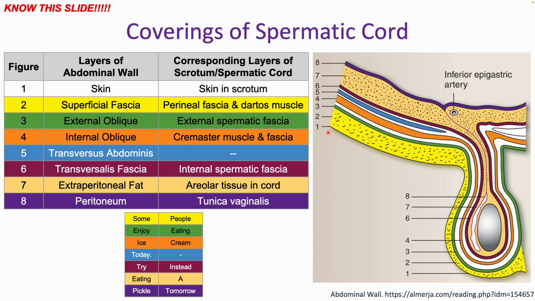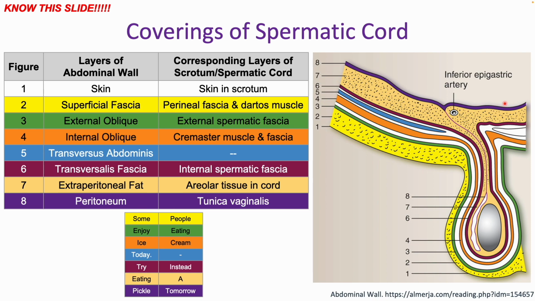Our internal oblique, in orange, is going to become the cremaster muscle and fascia. Our transversus abdominis, you can see, actually just stops right here. It's not going to continue down. And then our transversalis fascia is going to become the internal spermatic fascia. Our extraperitoneal fat up here is going to continue down as the areolar tissue in the cord.